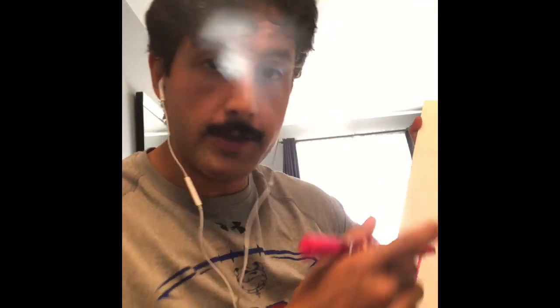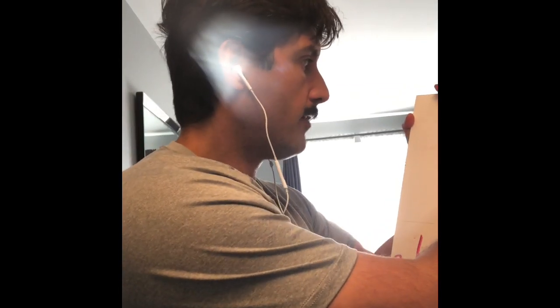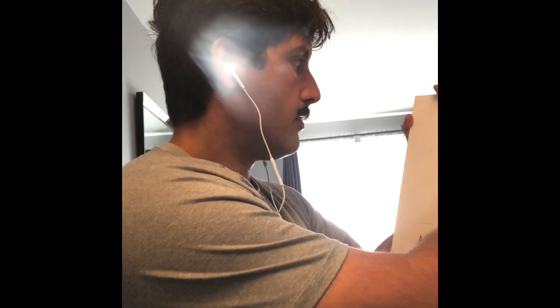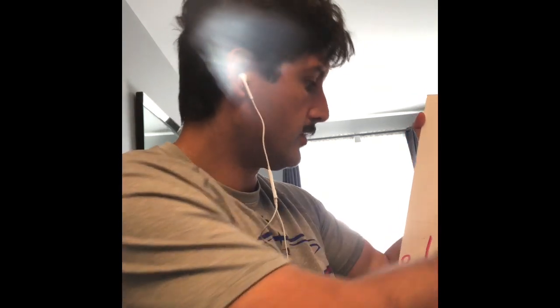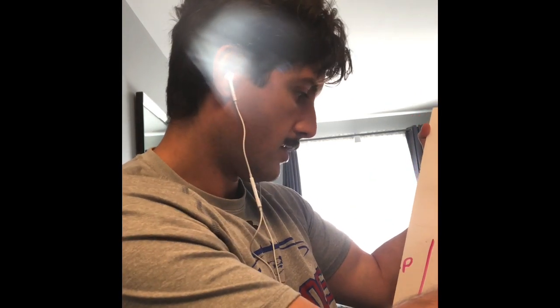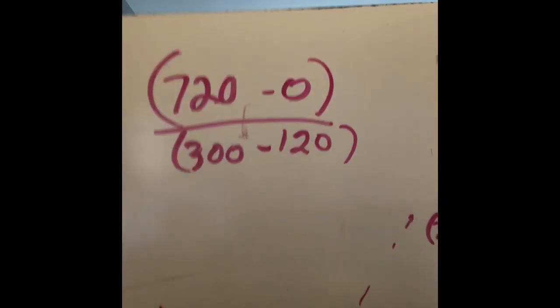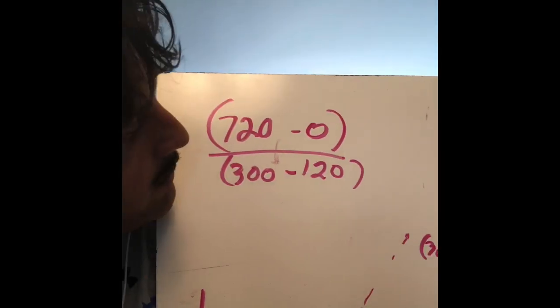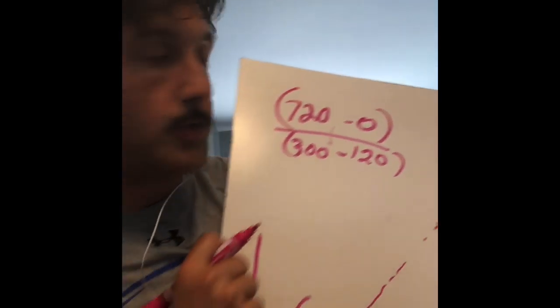We have 2 points, y2 minus y1. So 720 was one of our points, and 0 was the other. That's the y values. And the x values were 300 and 120. So $720 minus 0, and then 300 pairs minus 120 pairs.